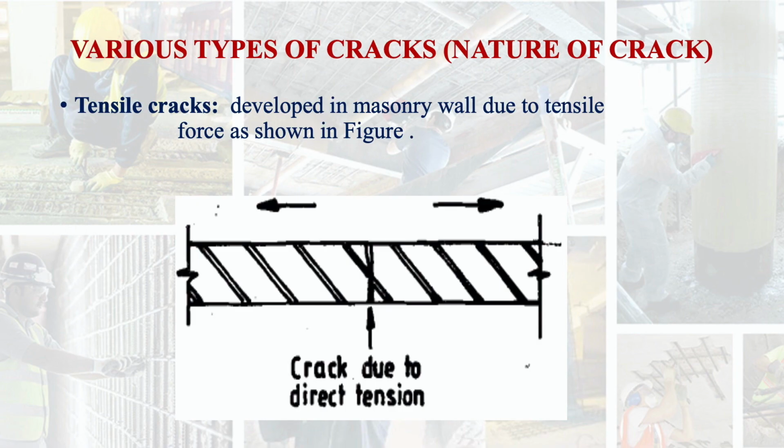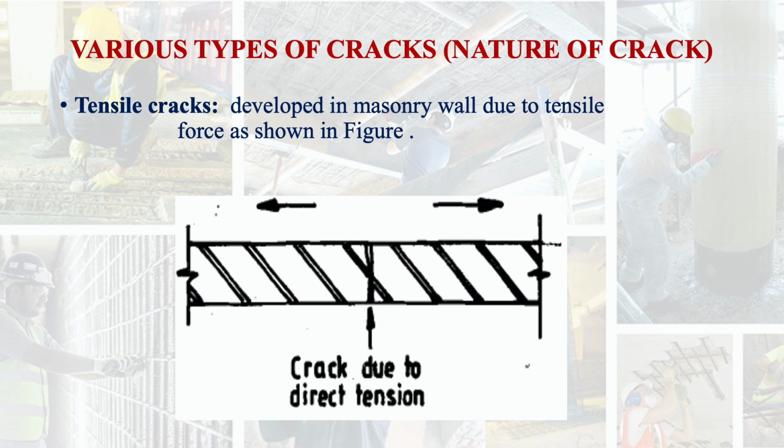Now, cracks can also be classified based on the nature of the cracks. So what are these cracks? First is tensile crack. Tensile cracks are developed in a masonry wall due to tensile forces, as you can see in the figure.